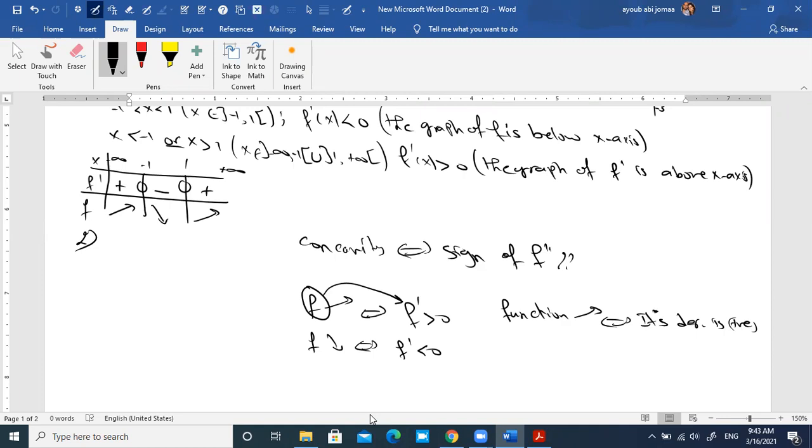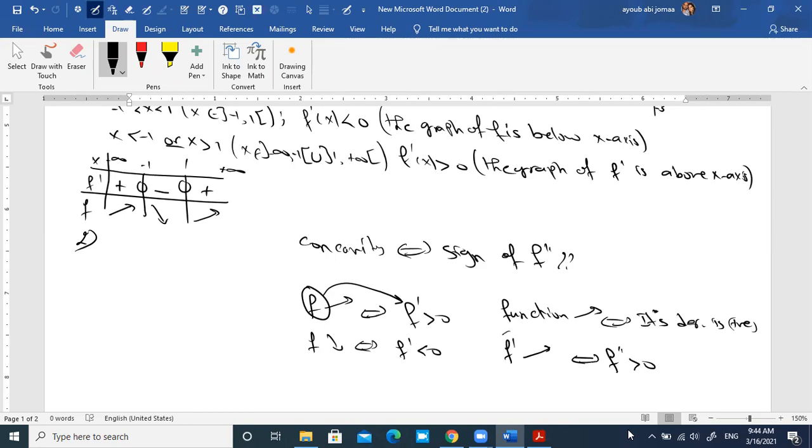If f prime is increasing, then what can you say? Then its derivative f double prime is also positive.